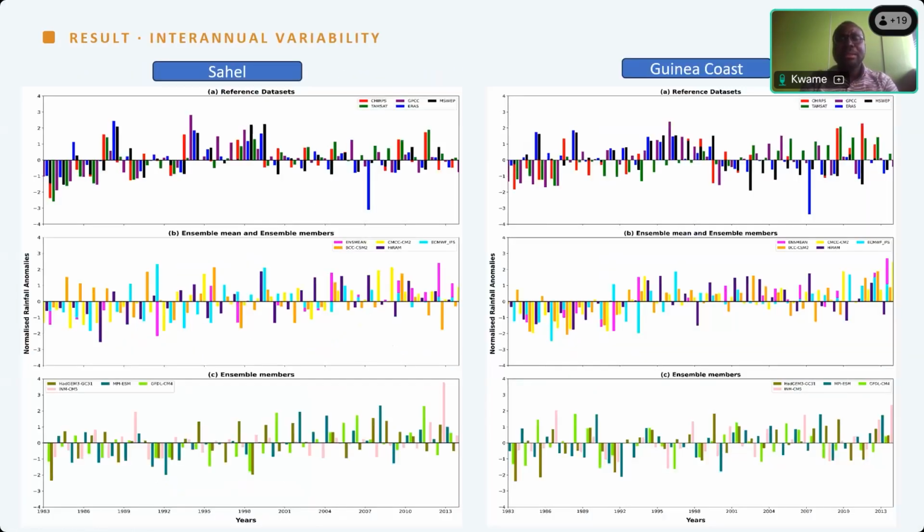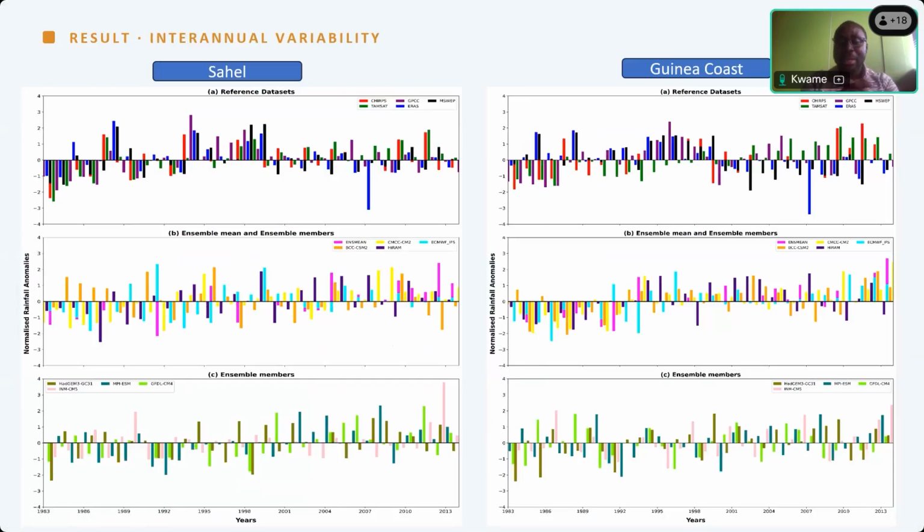Then we looked at the interannual variability of these data sets over the years that we are dealing with. How are the data sets varying from each other when it comes to their annual variability? The top column over here shows the reference data's variability, and down beneath shows how the models captured this variability.